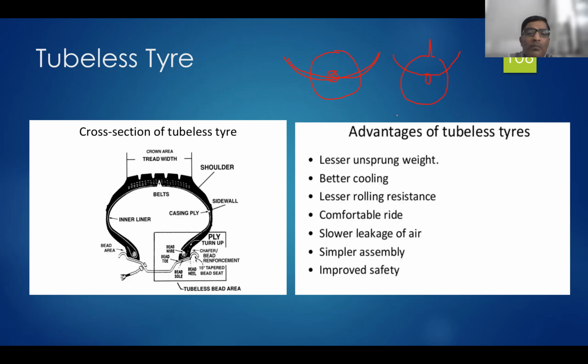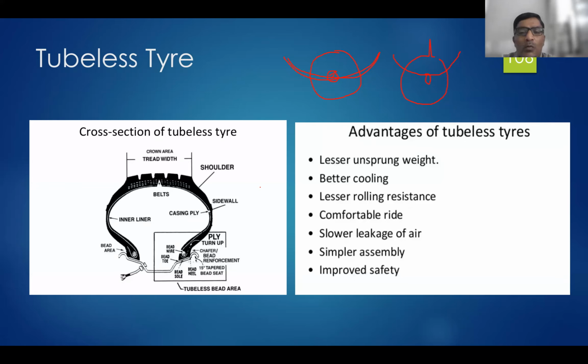Now if we use a tire with a tube, it will increase the unsprung mass. If we use a tubeless tire, there will be lesser unsprung mass and a good suspension system or good suspension action. Then it has better cooling.